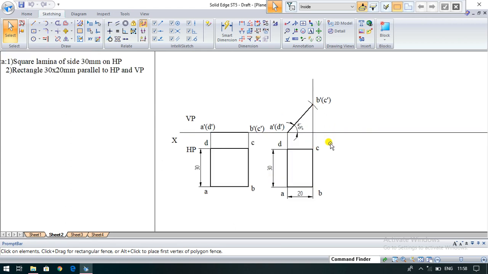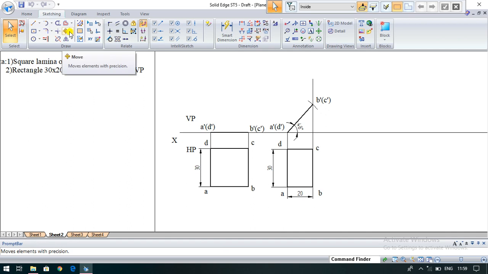After constructing this, very important here: now your CD is parallel to HP. Now we have to incline it. AD should be inclined to both HP and VP. So now I am going to rotate the same rectangle ABCD to make it inclined to both HP and VP.